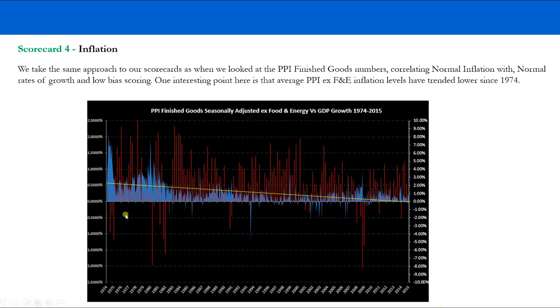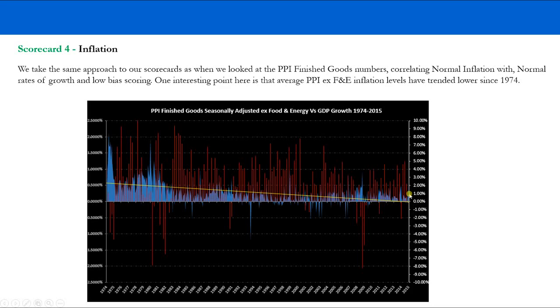Now, when we look at the chart here, and you can go into the spreadsheet and have a look at all the data behind this chart in your own time, we can see that since 1974, PPI ex food and energy, the average has been trending much lower. And we can see now that a 0% number is associated with 0% GDP, and our long-term average is dropping from around 0.5% down to basically almost zero.